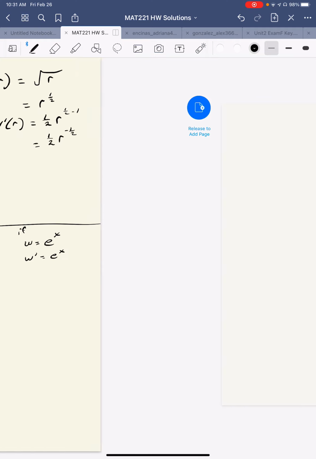Okay, so there's a couple of examples. Let's look at another one that is a little bit more complex. Let's look at problem number 19 from section 3.4. And problem number 19 tells me that I have f of t defined as t times e to the 5 minus 2t.